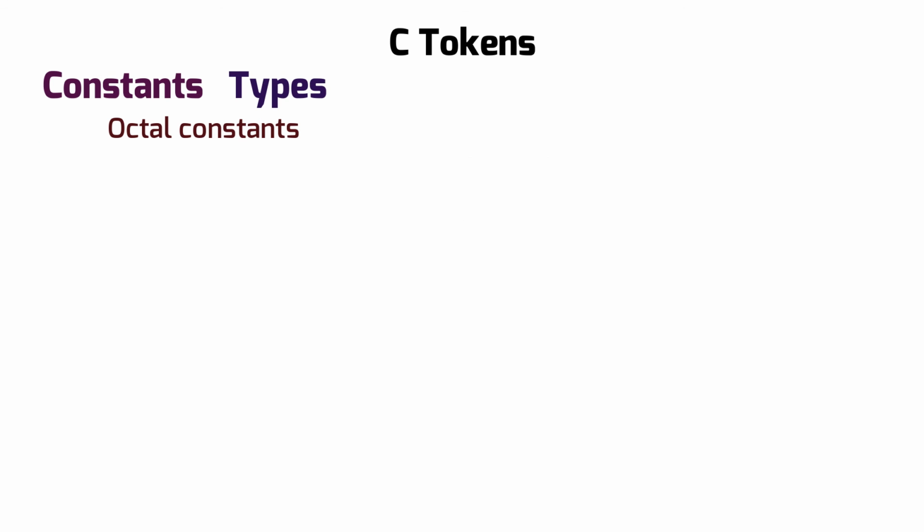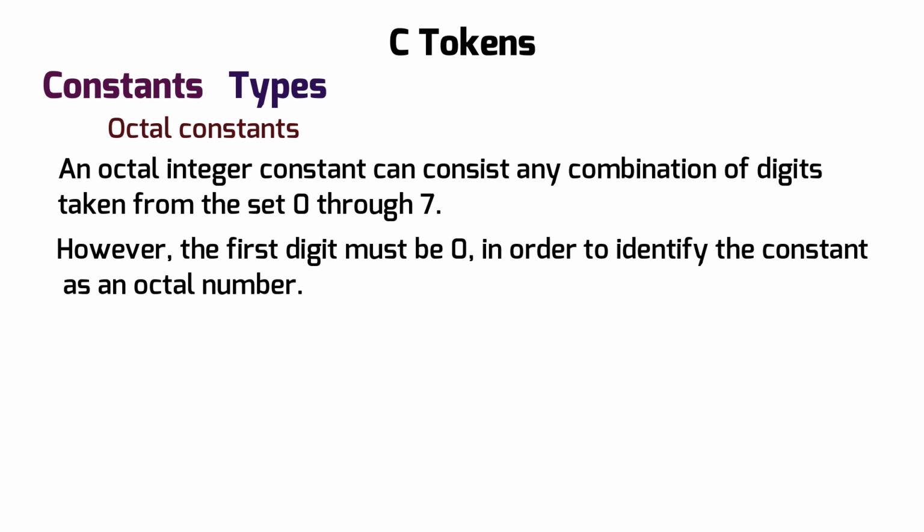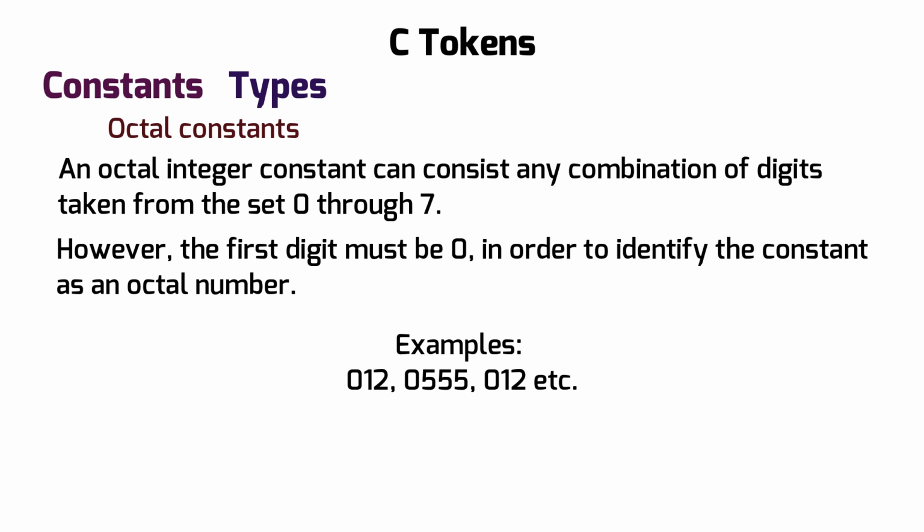Then octal constants. An octal integer constant can consist of any combination of digits taken from the set 0 to 7. However, the first digit must be 0 in order to identify the constant as an octal number. Examples are like this. Now hexadecimal constants.